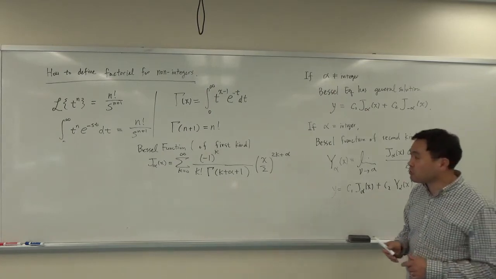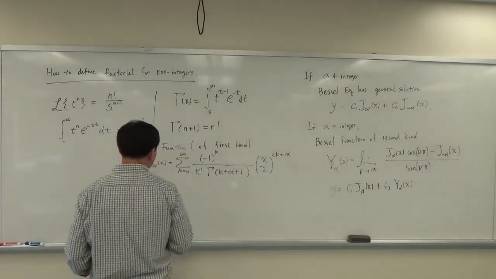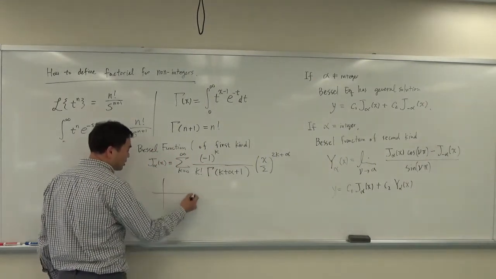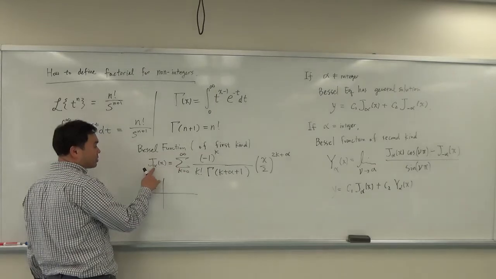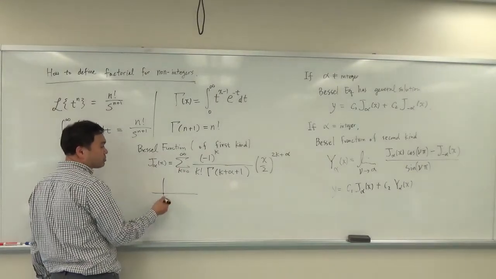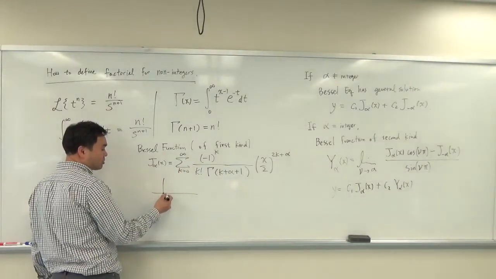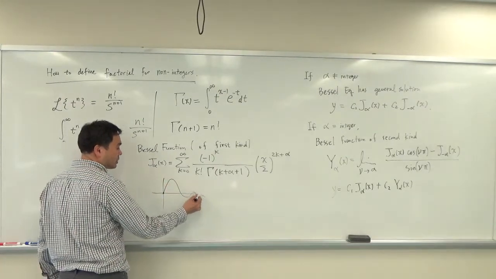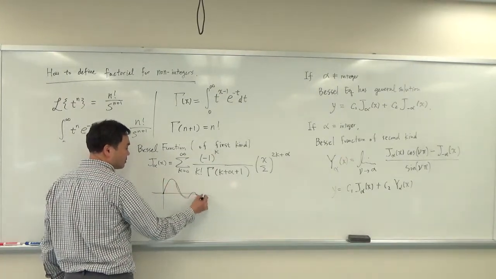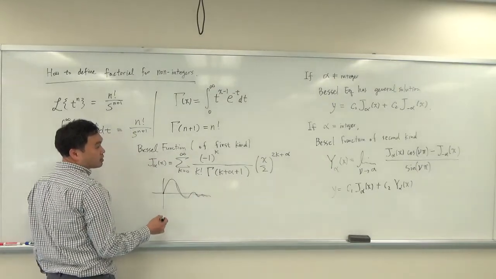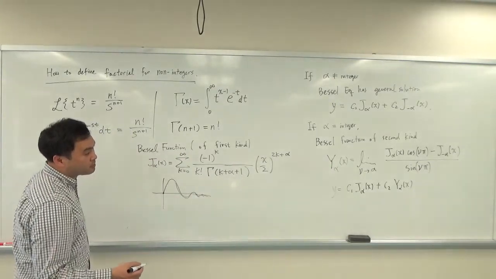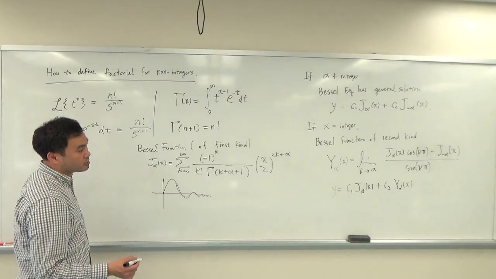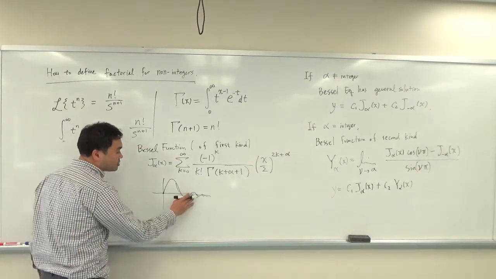Now the Bessel function of the first kind will look like the following. When alpha is positive, it will start from 0 because the first few values are 0, and then it's going to go up, and then it's going to go like that. Actually it doesn't decay to 0.